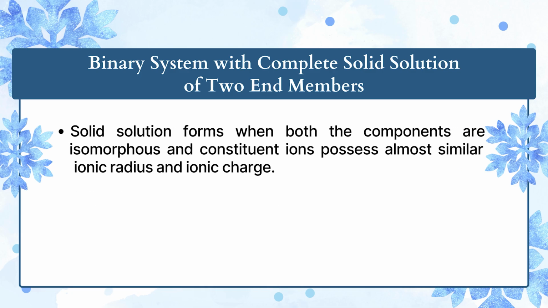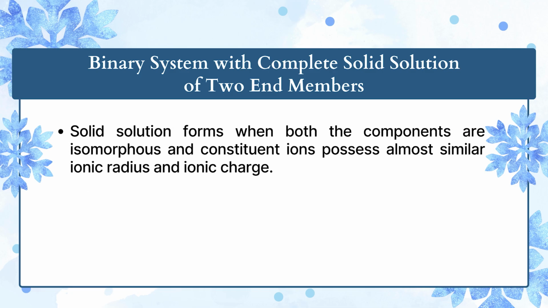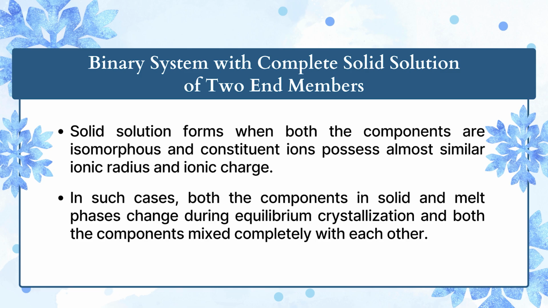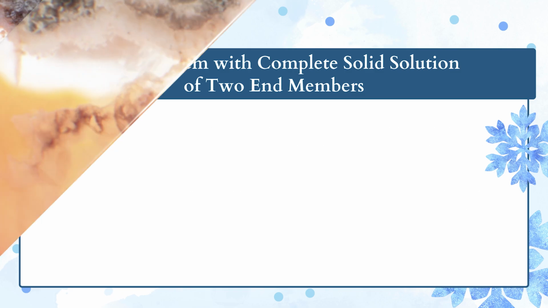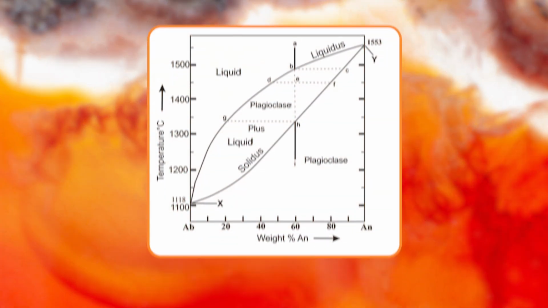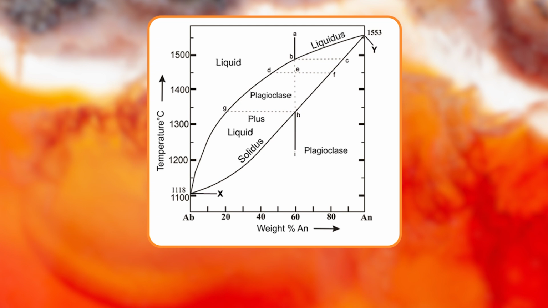Solid solution forms when both the components are isomorphous and constituent ions possess almost similar ionic radii and ionic charge. In such cases, both the components in solid and melt phases change during equilibrium crystallization and both the components mix completely with each other. Now let us have a phase diagram.